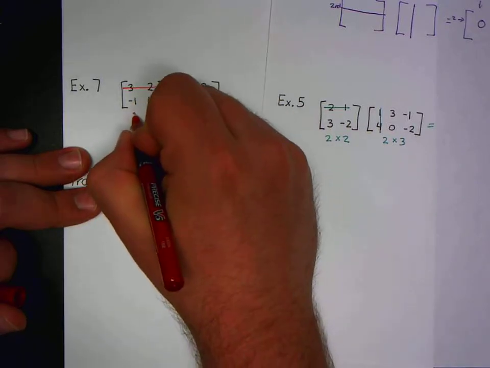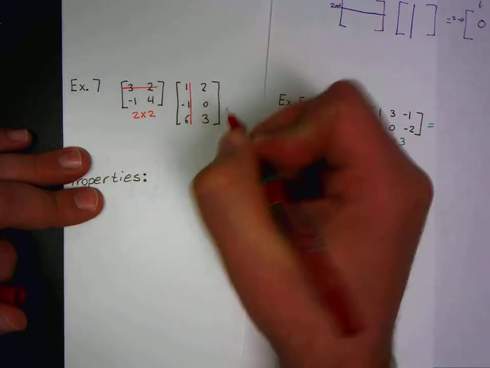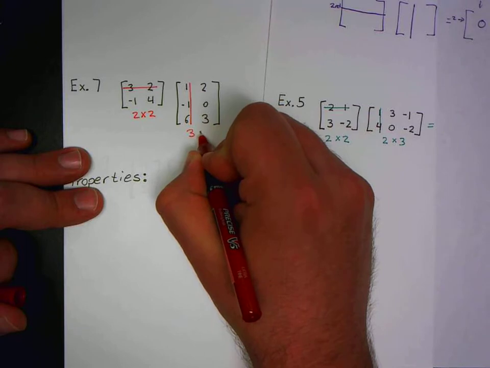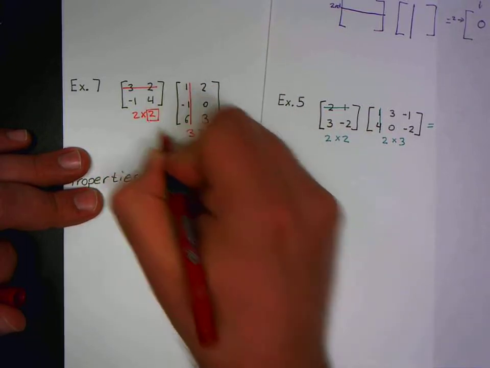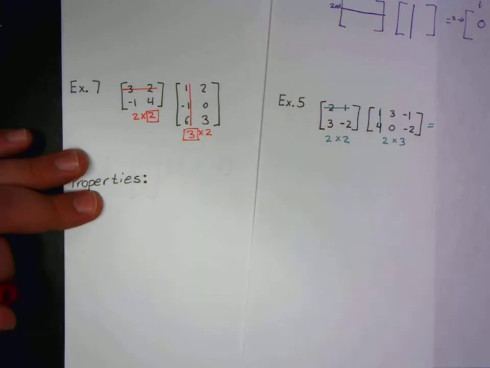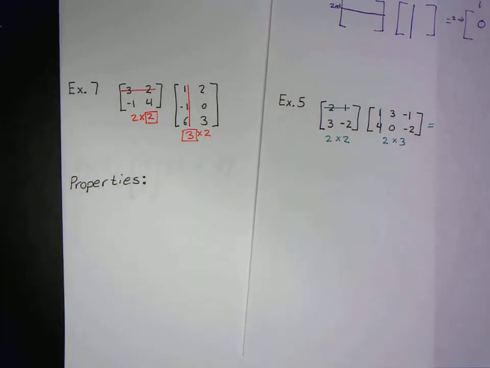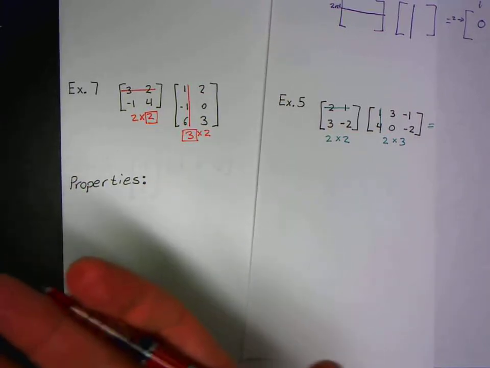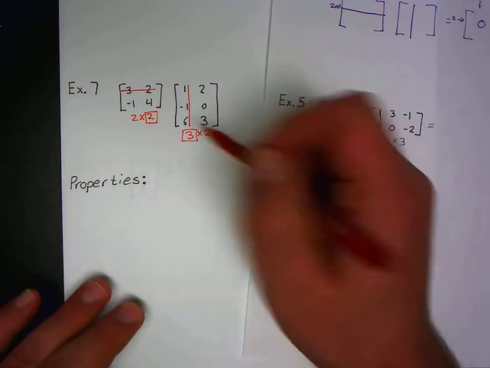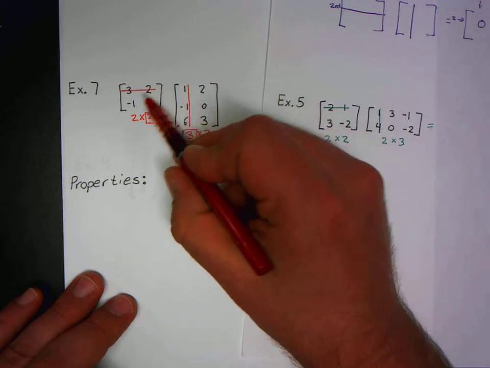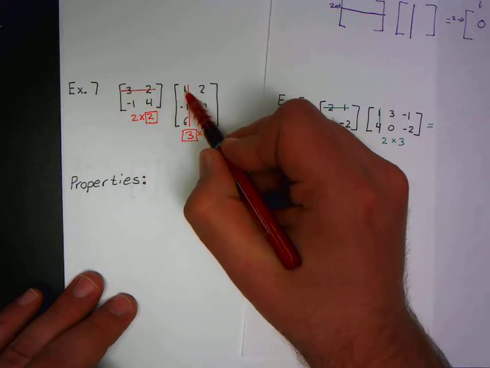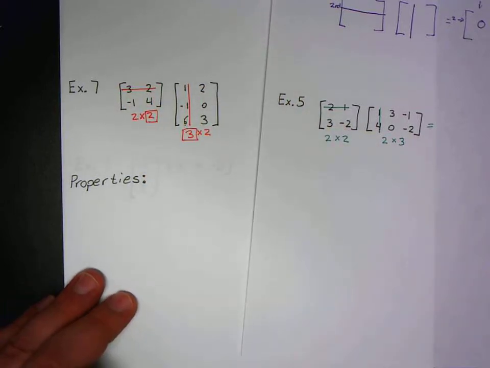Now, if I write this out, this has 2 rows, 2 columns. This has 3 rows and 2 columns. Notice this number and this number don't match up. That's what I was talking about. But at the same time, if you just go and try to multiply it, it's not going to work anyway because they don't have the same number of elements.